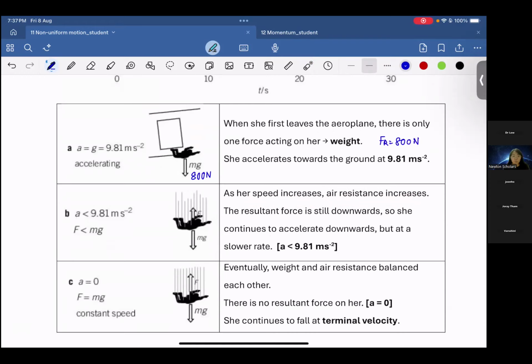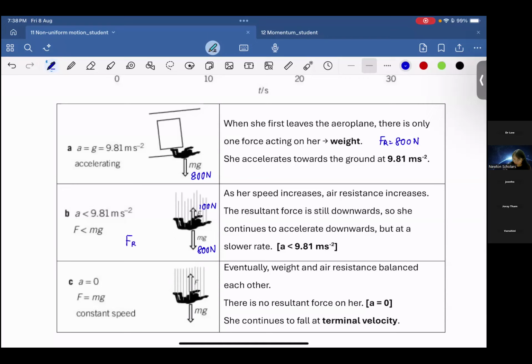So right now the 800 Newton is your weight. It won't change, but now your air resistance starts to increase. Let's say at here I put 100 Newton. Putting in some values makes the picture more clear.